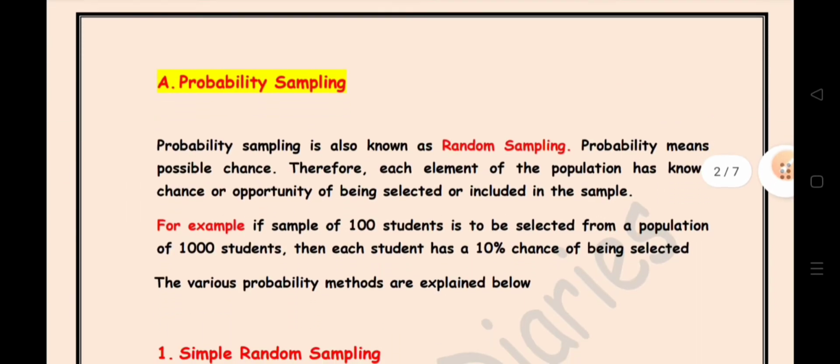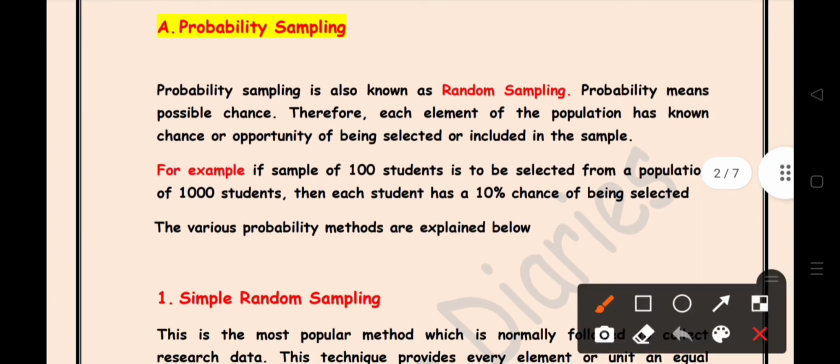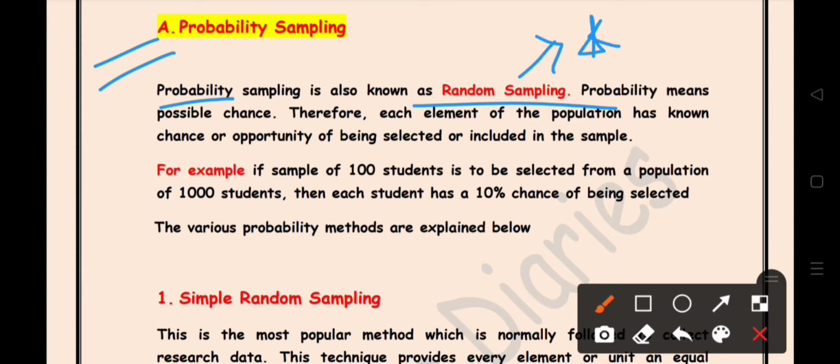First we are going to understand the probability sampling method. Probability sampling is also known as random sampling. This is an important point, you have to remember this. Probability means a possible chance.